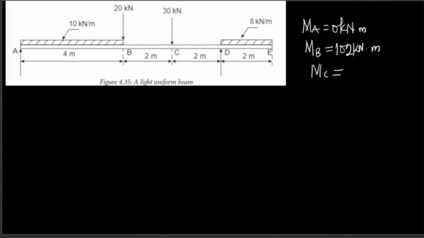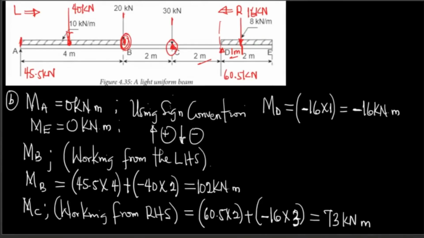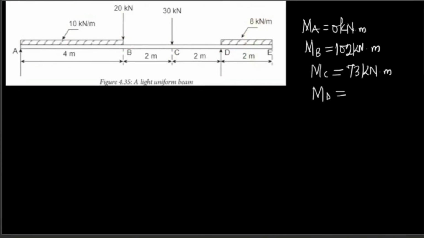Bending moment at C, what did we get there? 73 kilonewton meters. Bending moment at D, we got minus 16.